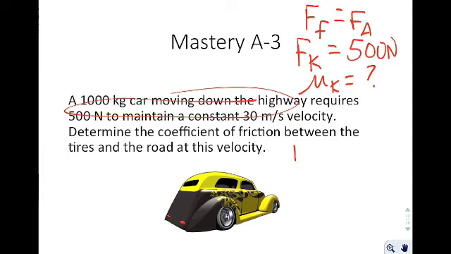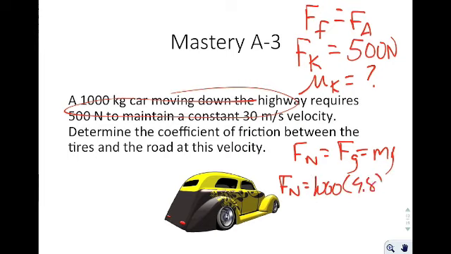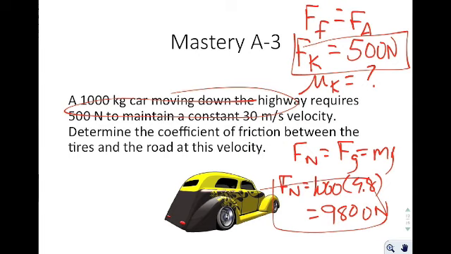So the last thing that I need to know is the normal force. Well, remember, the normal force for a flat surface is equal to the weight, and the weight is equal to mass times gravity. So because of that, I can say that the normal force is equal to 1,000 times 9.8, or 9,800. At this point, you have your normal force, and you have your frictional force, so you can solve for the coefficient of kinetic friction using the equation Fk is equal to mu k Fn.